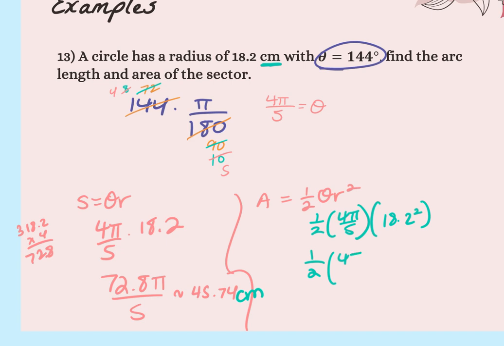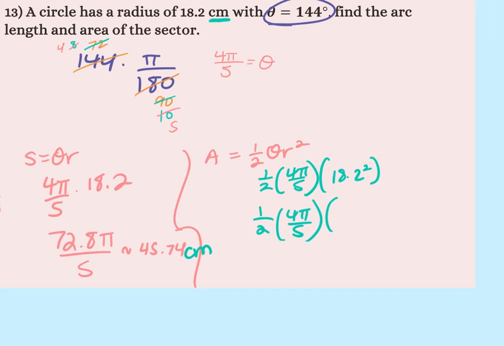1/2 4 pi over 5. We already did 18.2 squared, which was 331.24. So then I can again do this any way I want. I could do 1/2 the fraction times 4 pi over 5, the fraction times 331.24.